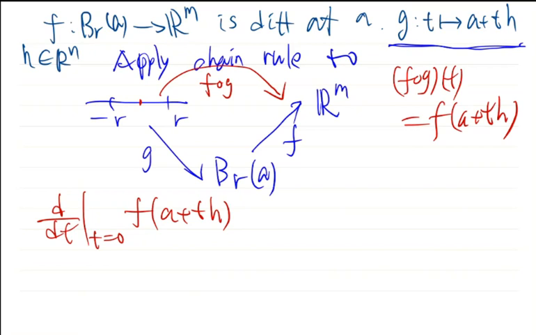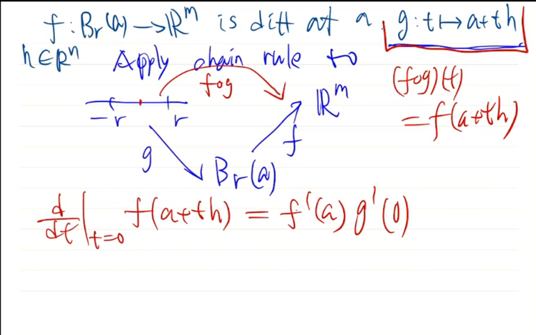So the derivative of the composition is this. By the chain rule, this is the derivative of f at a, and the derivative of g at 0. g prime at 0 is h, because g has a very simple form, so the derivative of g at 0 is easy to compute. So this is f prime(a) h. This is a very useful formula to compute the derivative acting on a vector h.